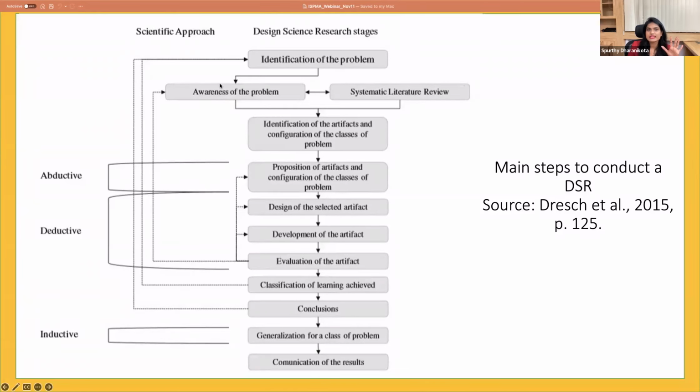And once you've done that, the researcher conducts an elaborate systematic literature review. Google Scholar, I would suggest, could be a great place to start your literature review. You can use keyword search and also advanced search techniques to find the desired publications.